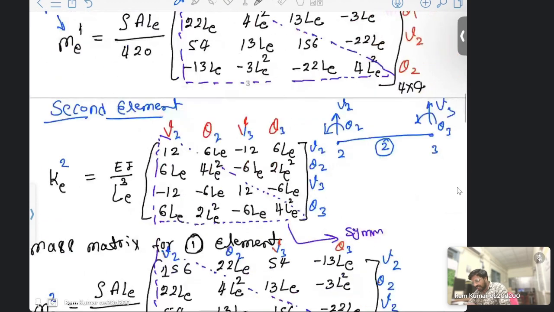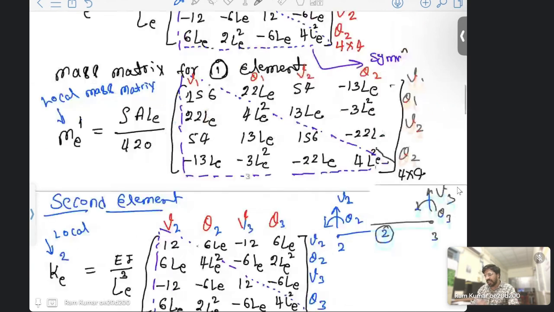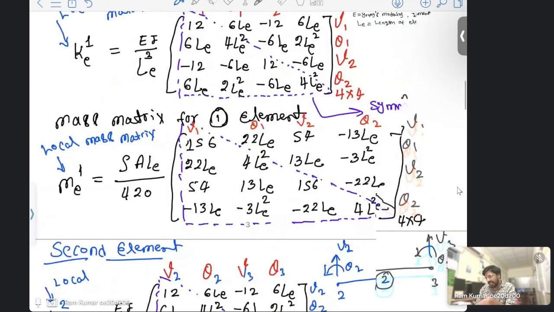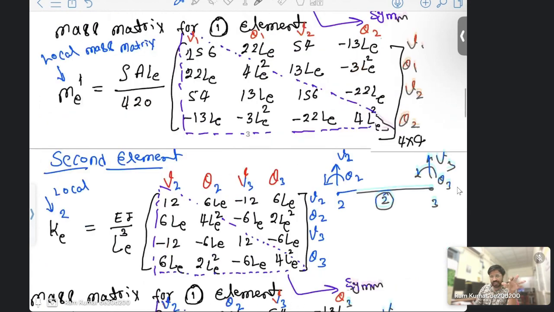These are local mass and local stiffness, and similarly this is also local. So we have two stiffness matrices in the local direction, and two mass matrices.